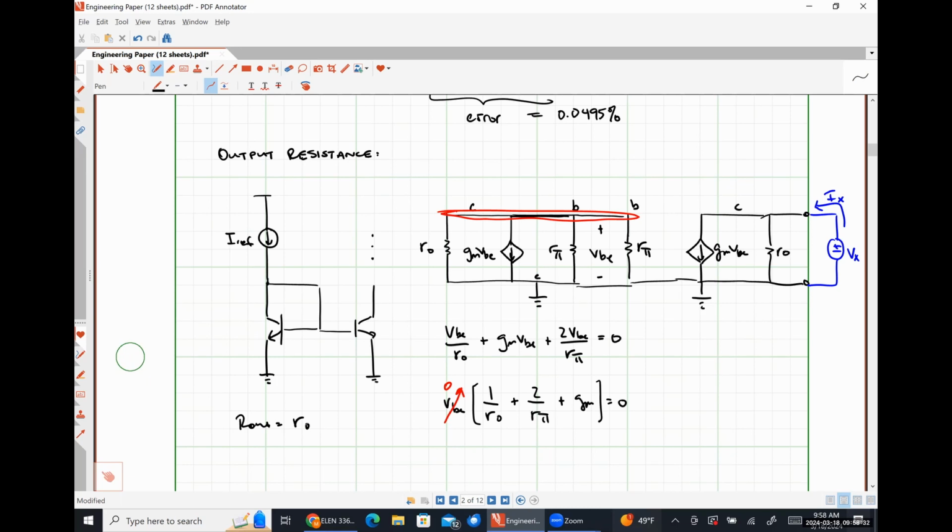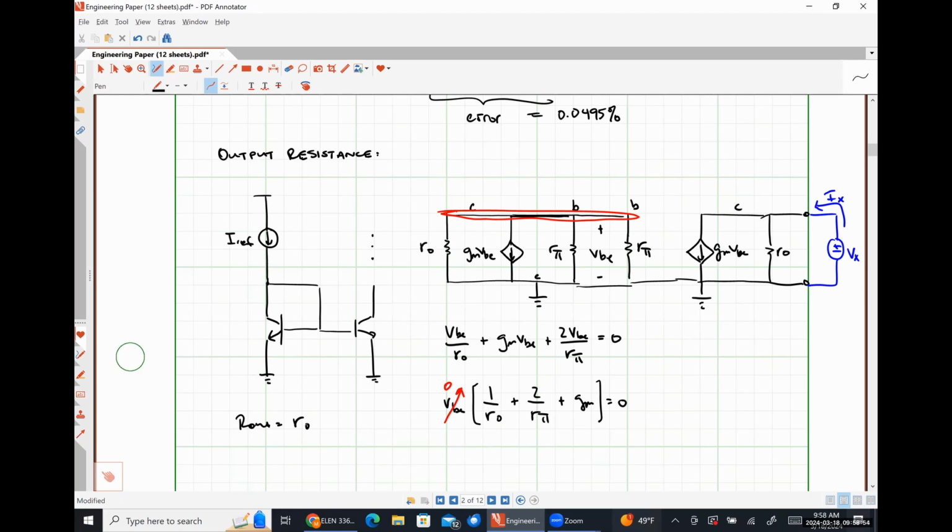What if we had transistors in parallel? Not remotely difficult, right? If we have multiple transistors in parallel, it's just the number of R naughts in parallel. That's it.